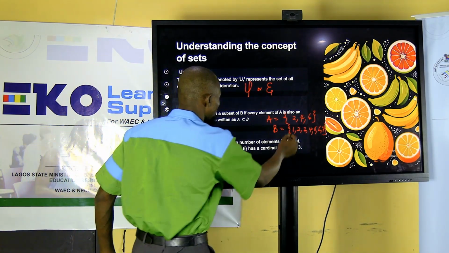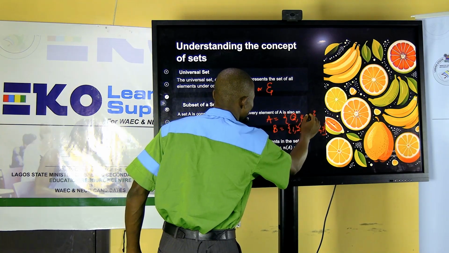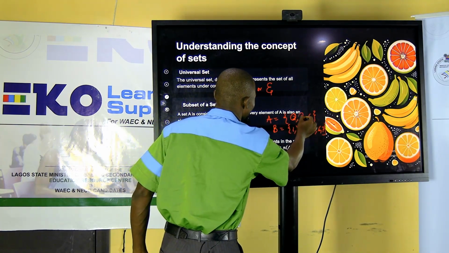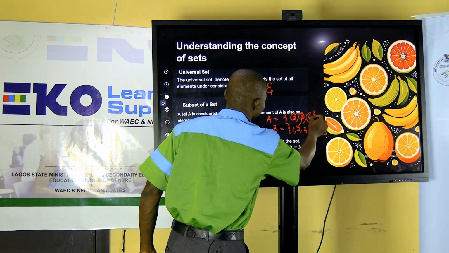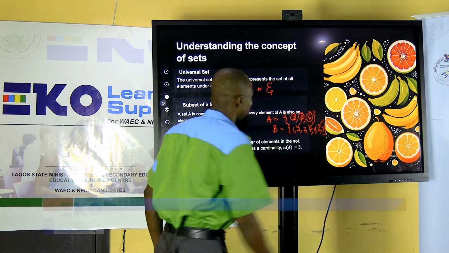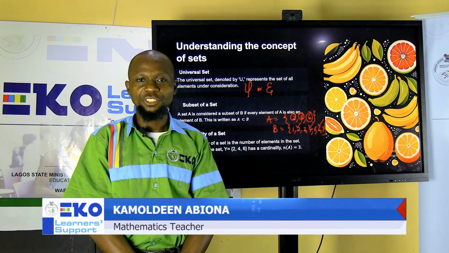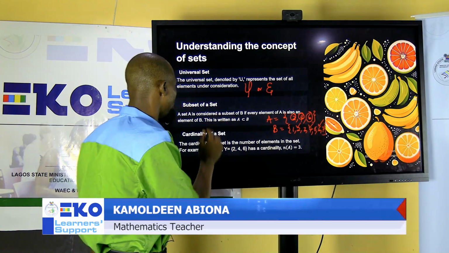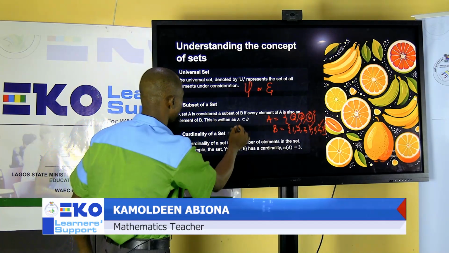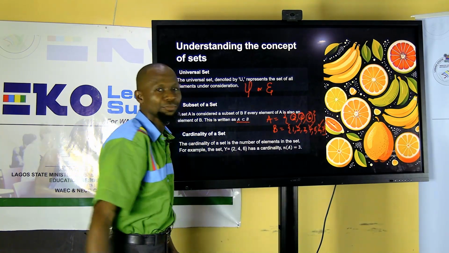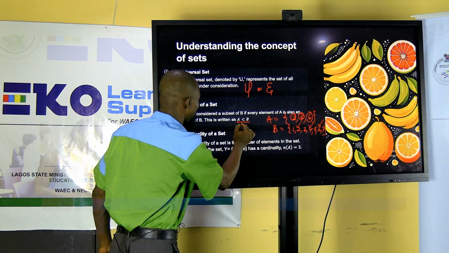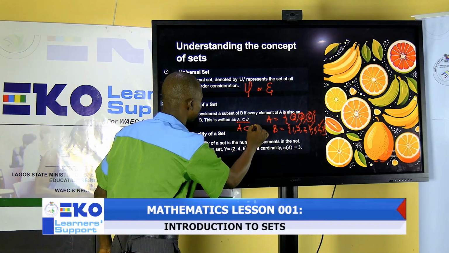Let's see. 2 is in A, 2 is also in B. 4 is in A, 4 is also in B. 6 is in A, 6 is also in B. So hence, we conclude that A is a subset of B. So how do we write that? We use this. A is a subset of B.